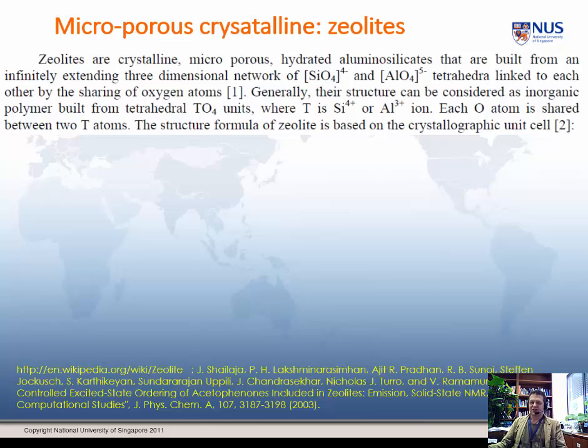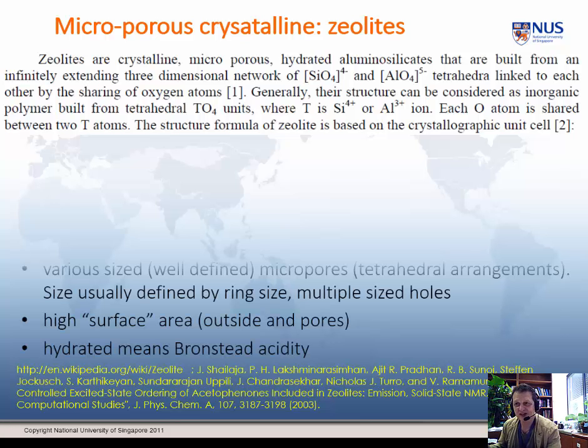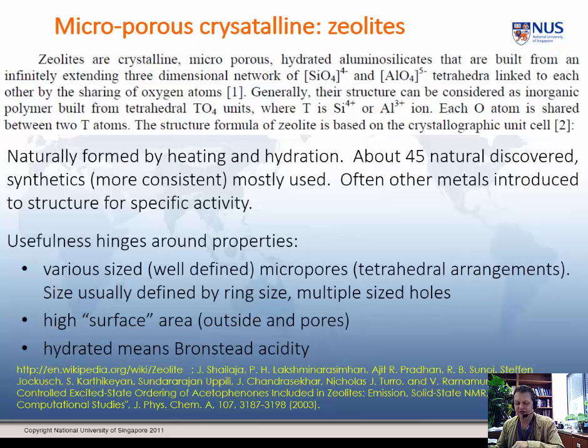Okay, so zeolites are an extended silicate aluminate structure, and they're linked together by shared oxygen atoms. They are naturally formed by heating and hydration, and there's about 45 natural zeolites formed by the geological cycle.